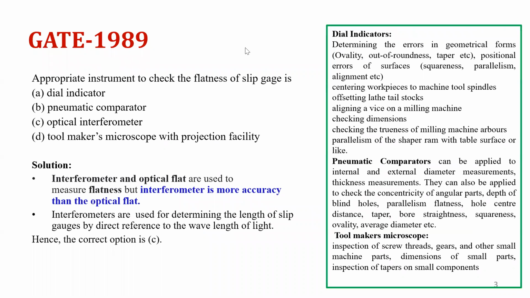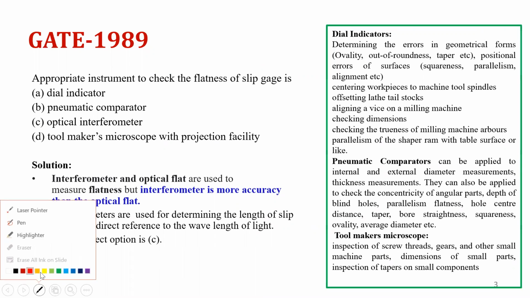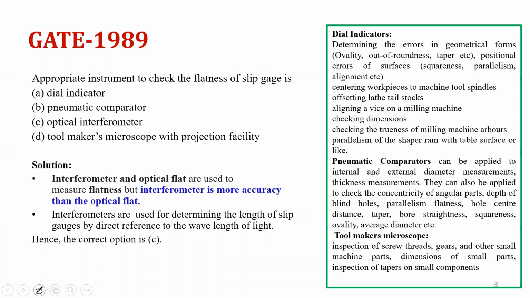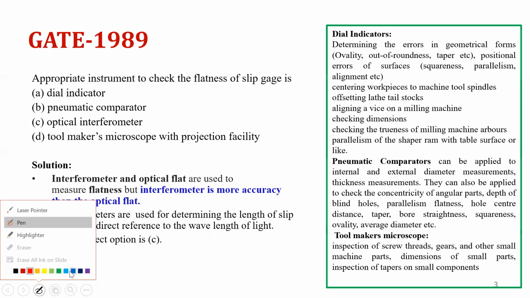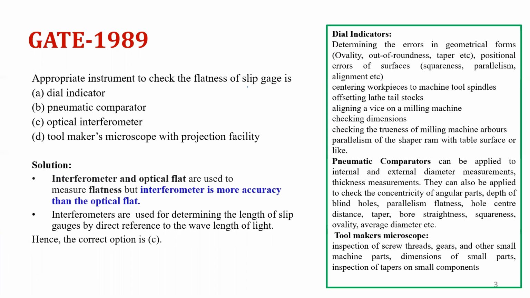So this question is given in 1989 in GATE exam. Appropriate instrument to check the flatness of slip gauge. So the options are a dial indicator, pneumatic comparator, optical interferometer, toolmaker's microscope with the projection facility.